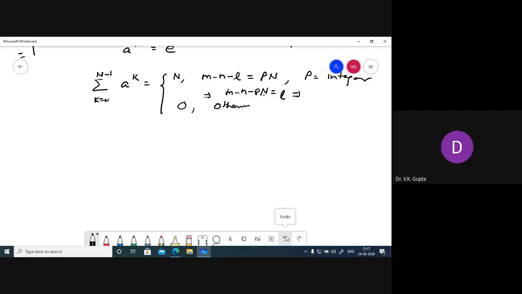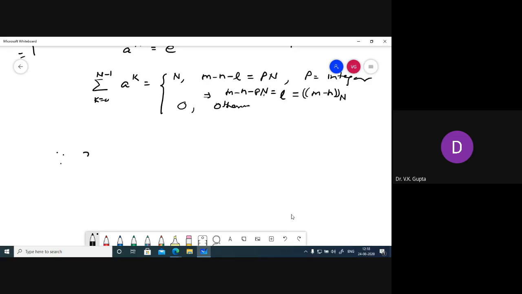And what is this? m minus n minus pN is m minus n periodic with period capital N, which means l can be written as m minus n modulo capital N.